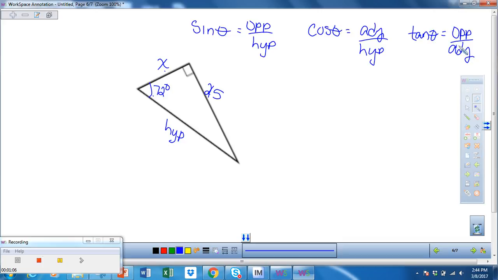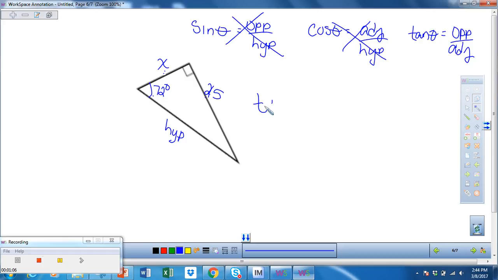Okay, so having said all of that, we see that we're looking for an adjacent side, and we have an opposite side. This is the hypotenuse, so I can't use sine theta or cosine theta because they both need the hypotenuse, and I don't have the hypotenuse, and I'm not looking for it.